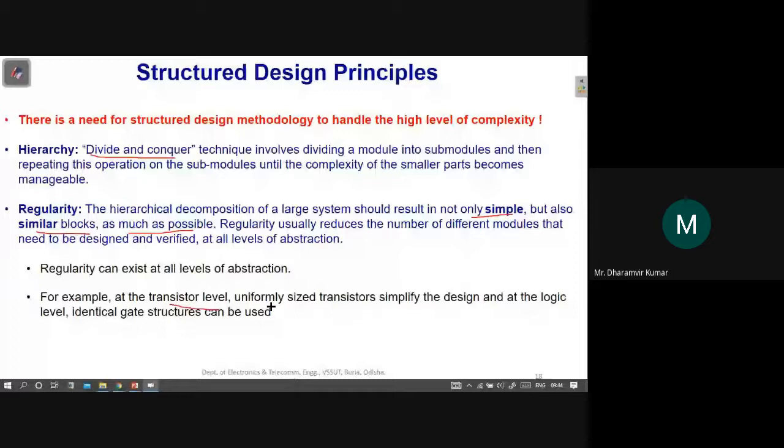So, for example, at the transistor level, uniformly sized transistors simplify the design, and at the logic level, identical gate structures can be used. So the thing is to use smaller blocks and also similar blocks as much as possible.